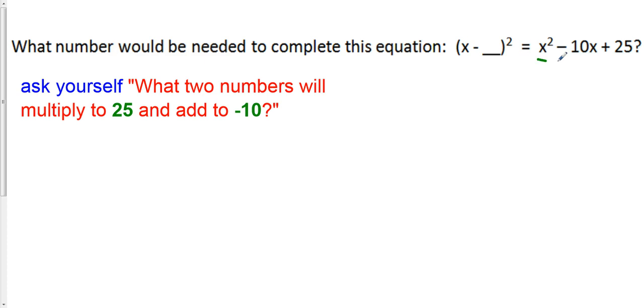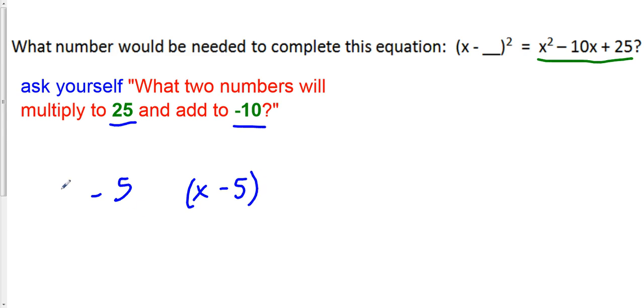So same thing, if we have our expression over here, x squared minus 10x plus 25, we're asking ourselves what two numbers will multiply to 25 and would add up to negative 10. Well, again, that's going to be negative 5 and negative 5. And because this time we're using x, we can put an x in front of each of those.